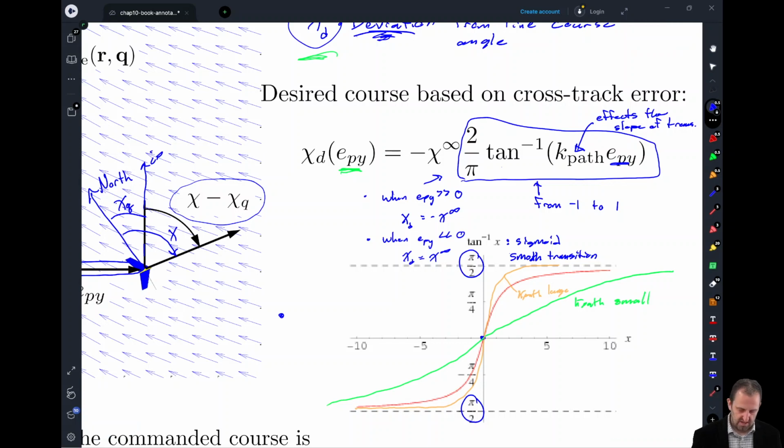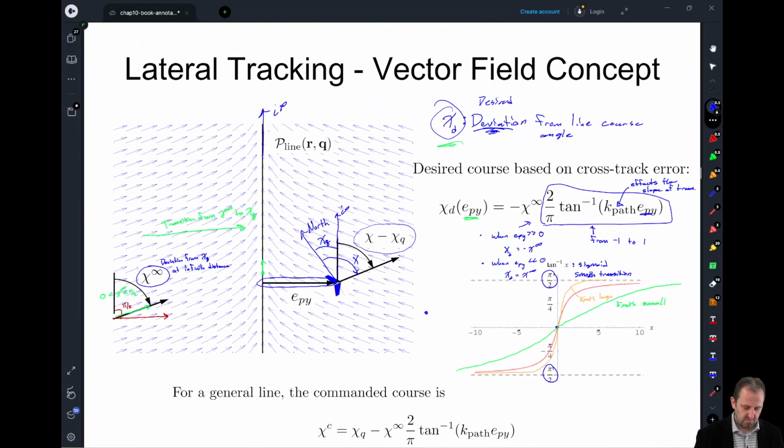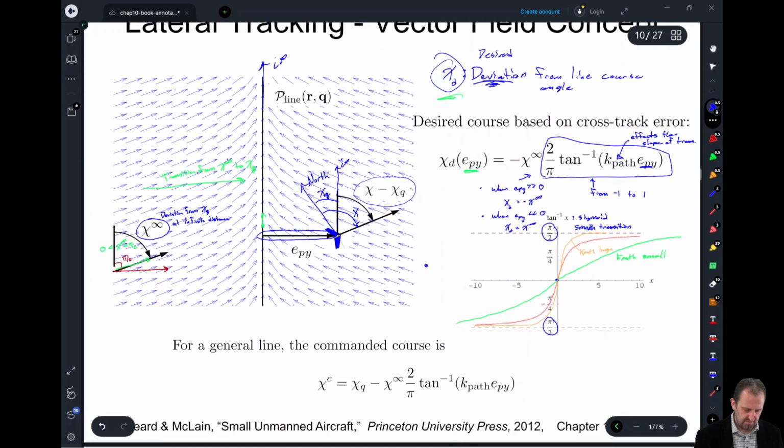So we have the sigmoid that transitions from -1 to 1. If we're really far away, it's going to be pointing directly at the line or close to directly at the line. If we're really right on the line, then it's going to be pointing along the line. So it gives us this global feedback in terms of how we want to point the aircraft. So there's our lateral vector field.